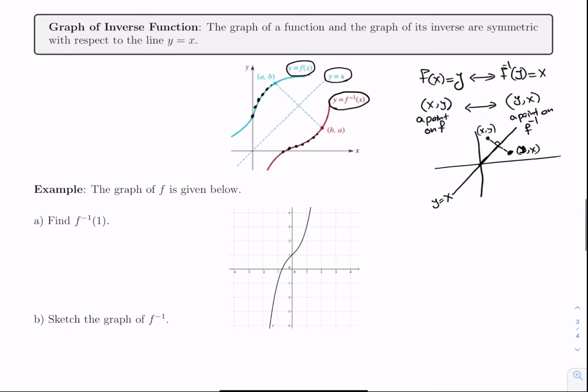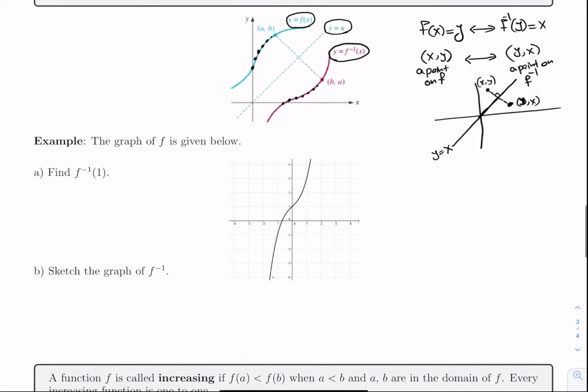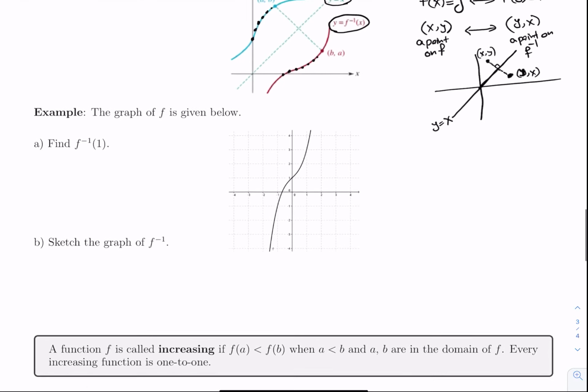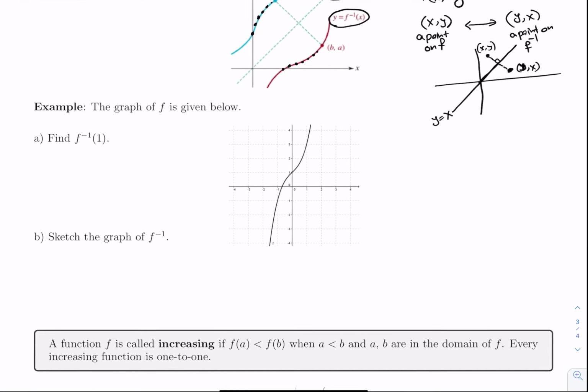Let's practice that. The graph of f is given. Part A, we would like to find f inverse of 1. If f inverse of 1 is equal to, say, x, then that means f of x is equal to 1.